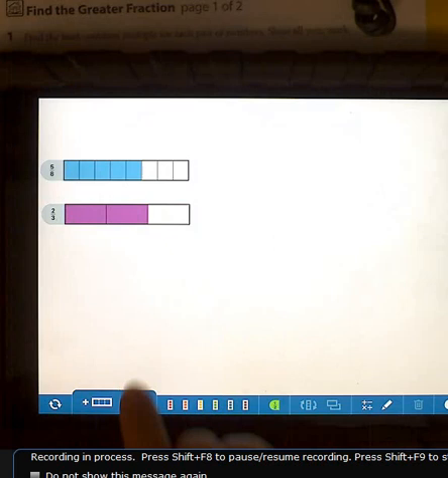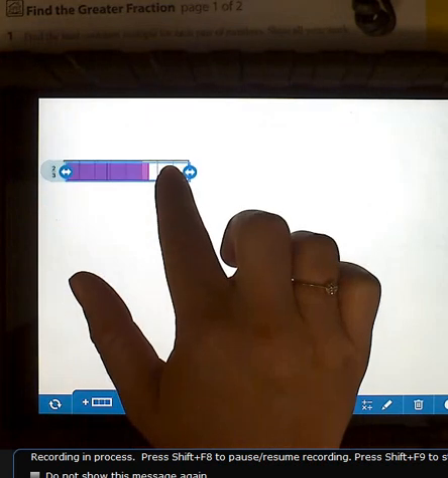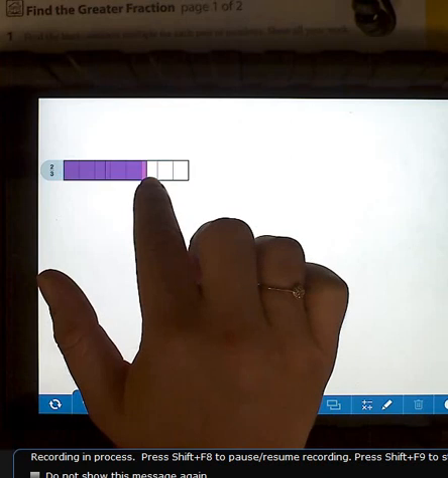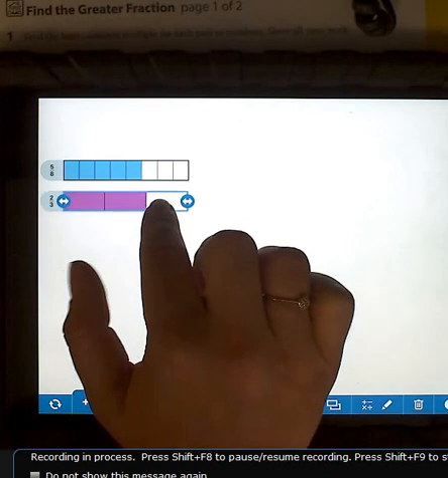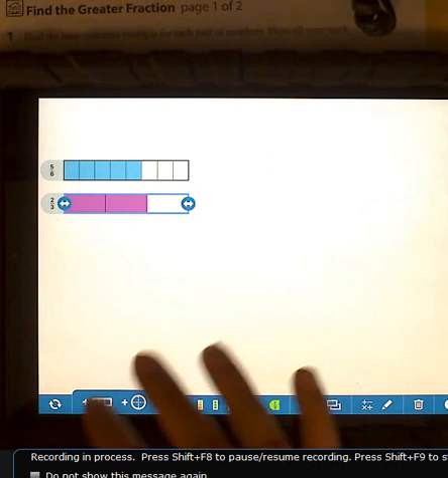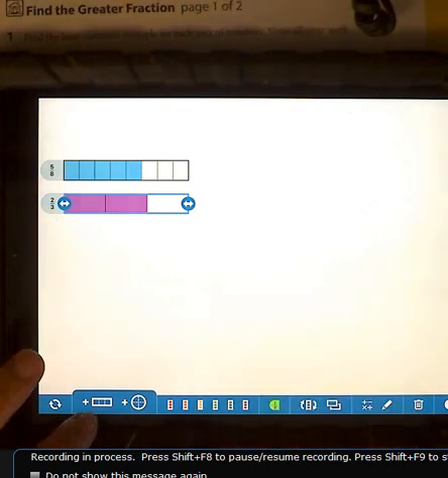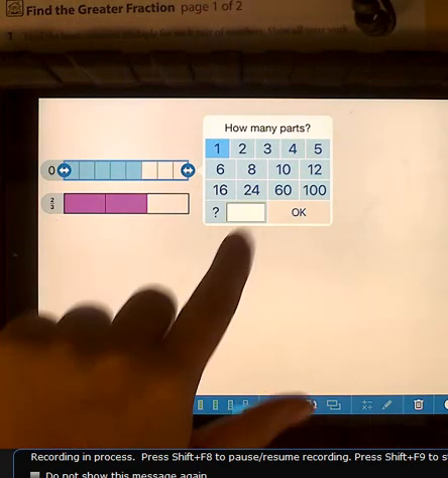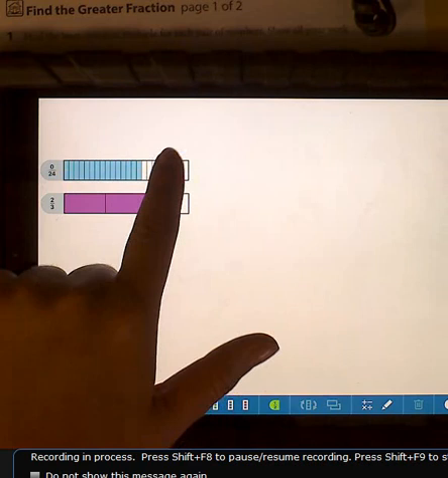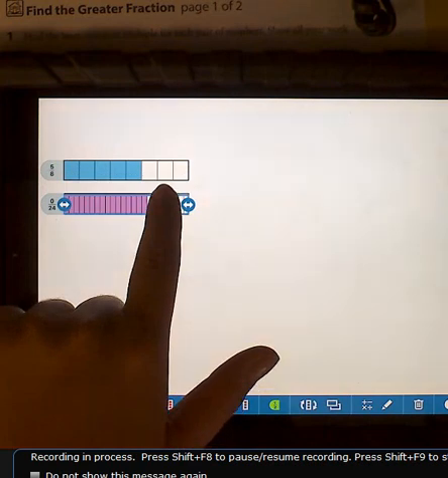They can manipulate these and see, okay, those are not the same. I already know that 2/3 is going to be more, but I may want to find a common denominator to help me. So they could use that ladder method, or they could mess around with these until they found that 24ths fit evenly on top of that, and it fits evenly here as well.